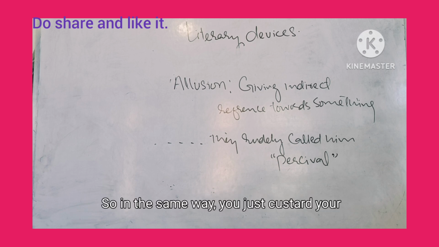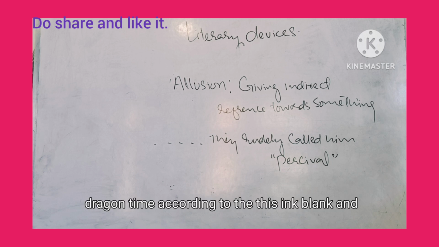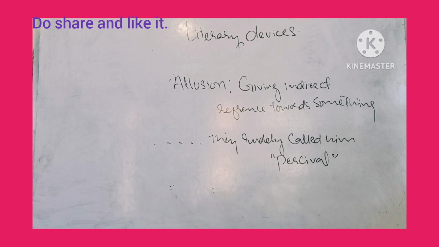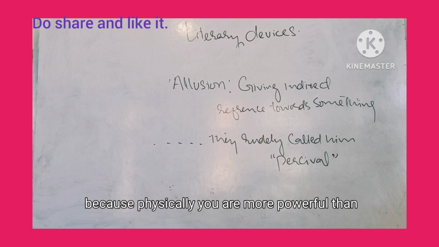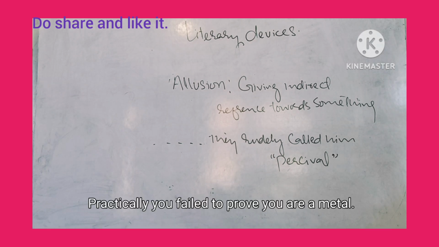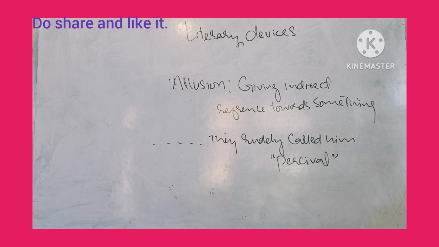So in the same way, the custard, the dragon, according to ink, blink and mustard, they called him Percival: you are cowardly and you are not as brave as you should have been, because physically you are more powerful than us, but practically you failed to prove your mettle.